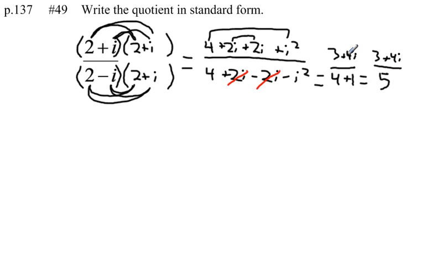Now to write this in standard form, I have to write my real part first, then my imaginary part. So I'm going to separate this into two fractions. Instead of 3 plus 4i over 5, let's divide both parts by 5. So I'd say 3/5 plus 4/5 times i. And there's my answer in standard form.